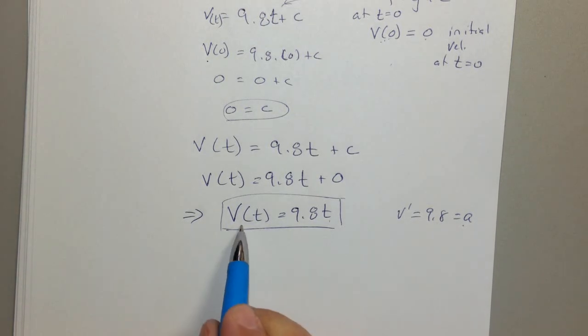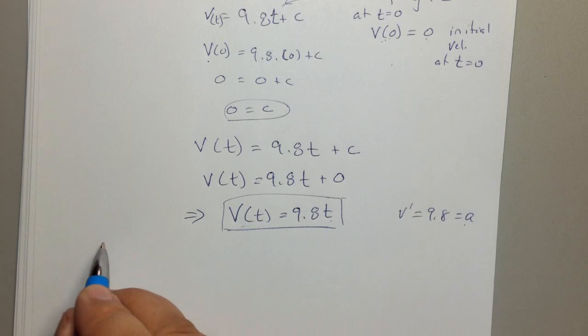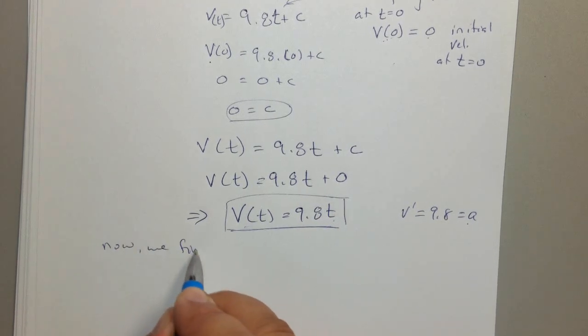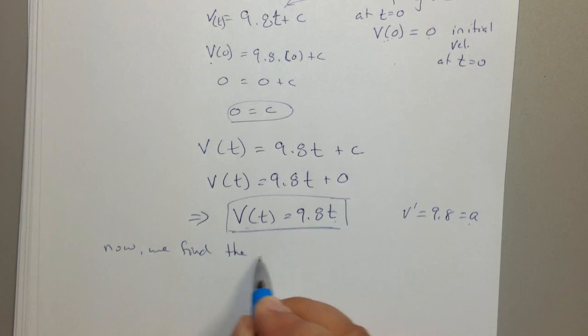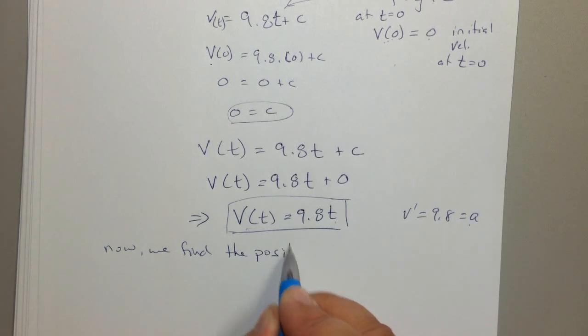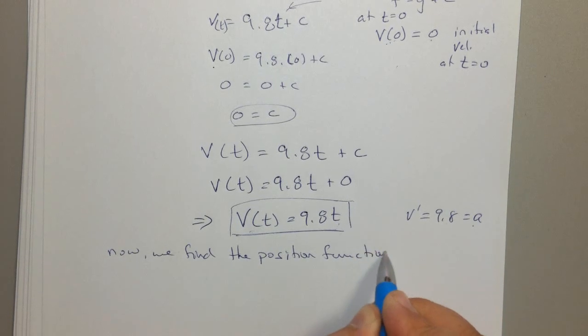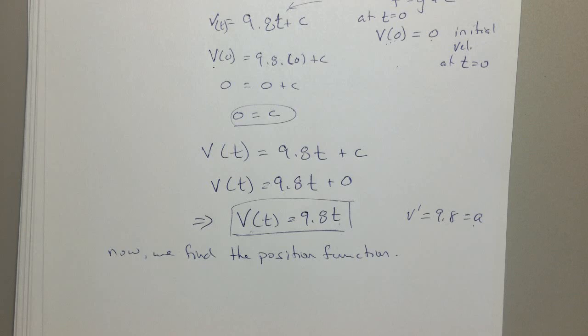Now we have to go from the velocity function to the position function. We find the position function the same way. So what do we start off with?